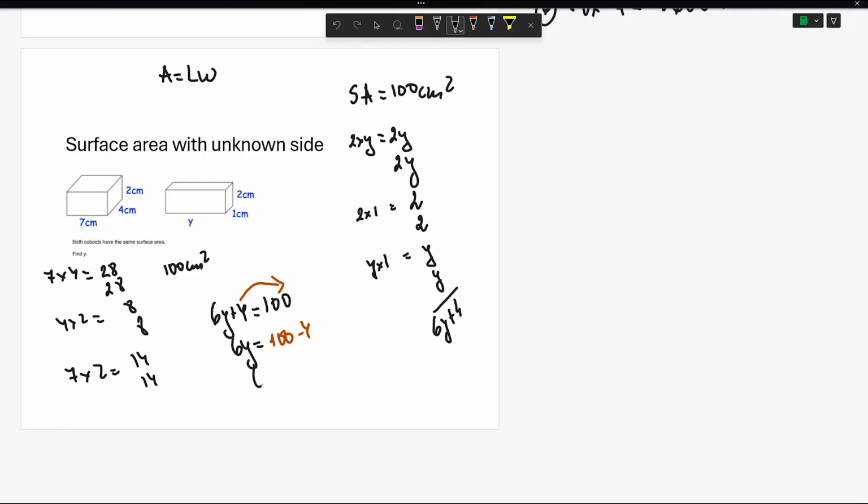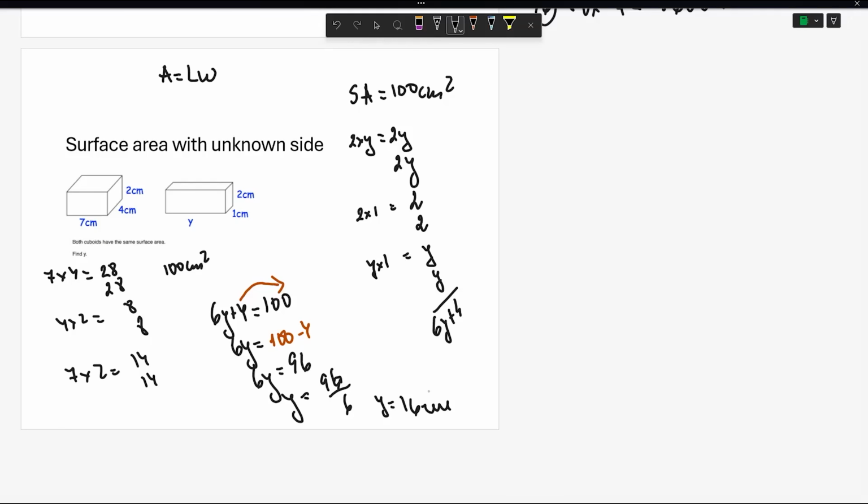So you have 6y equals 96. Then you have y equals 96 over 6, so 6 goes here, you need to divide. And if we divide 96 by 6, we see 96 divided by 6 is 16. So we now know our y is 16 centimeter.